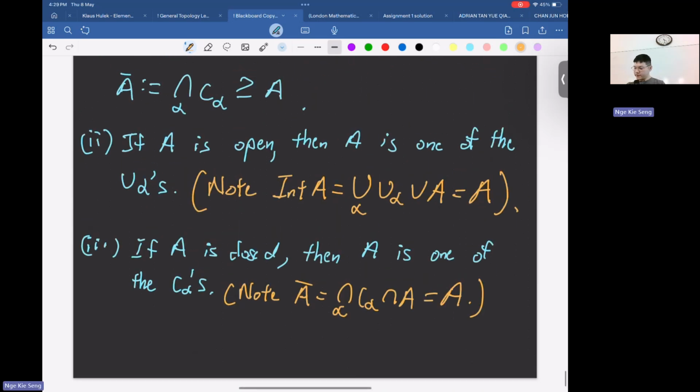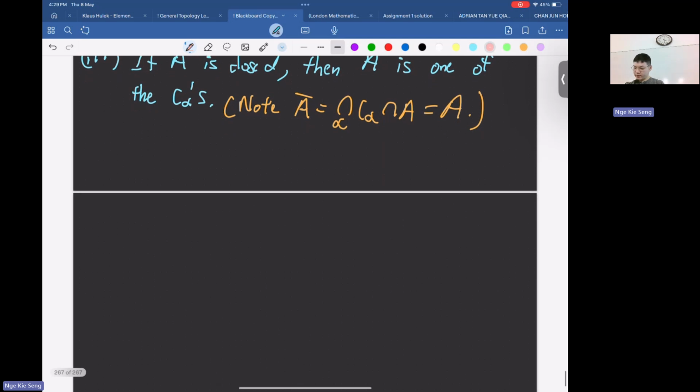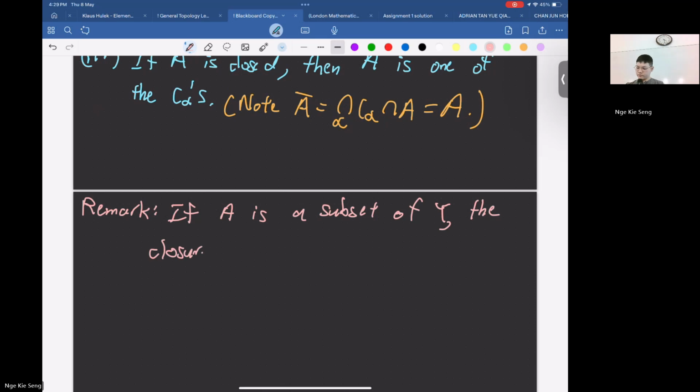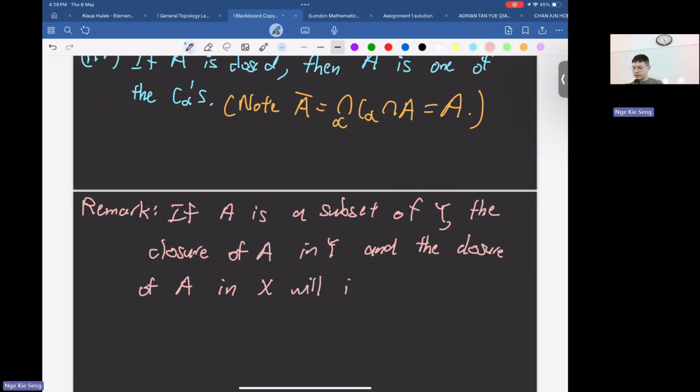Okay, let's put some very important remark here. Remark: if A is a subset of Y, the closure of A in Y and the closure of A in X are generally different.